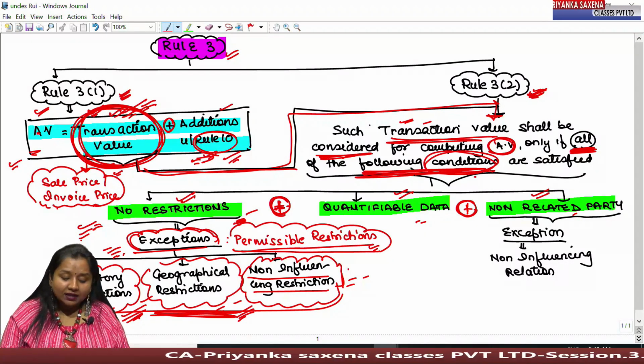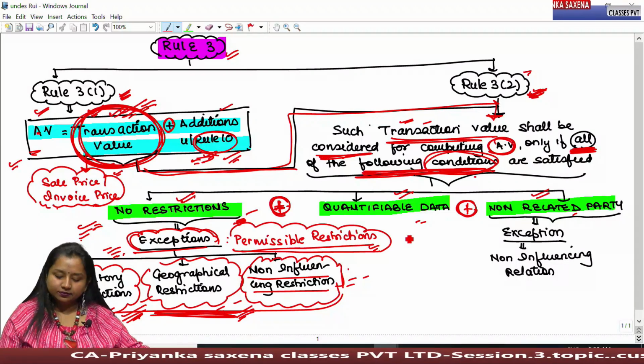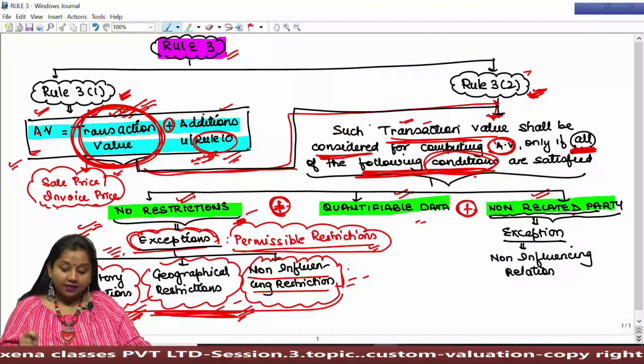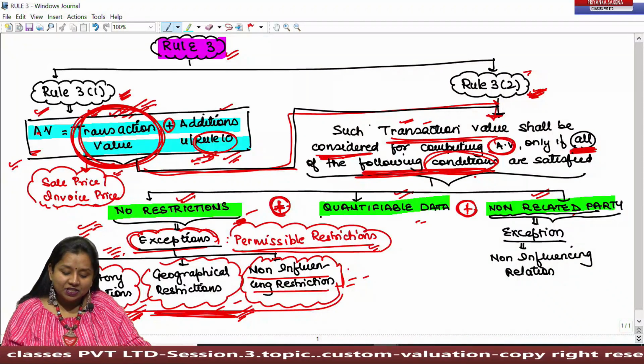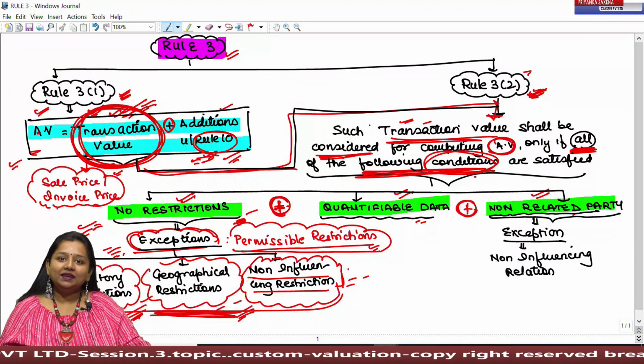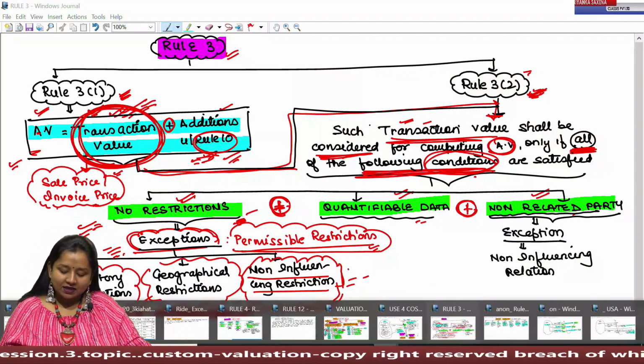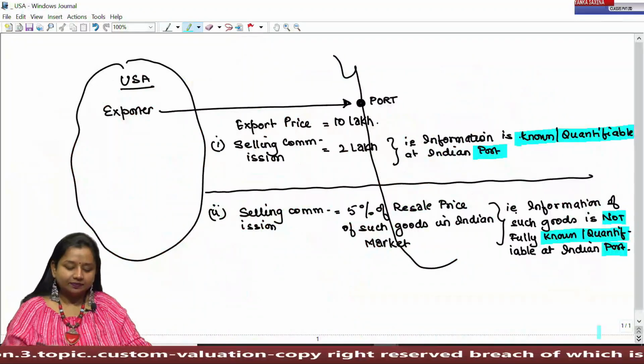Now, another condition under Rule 3 is that there must be quantifiable data at the Indian port where the customs duty has to be computed. We can understand this with the help of an example.